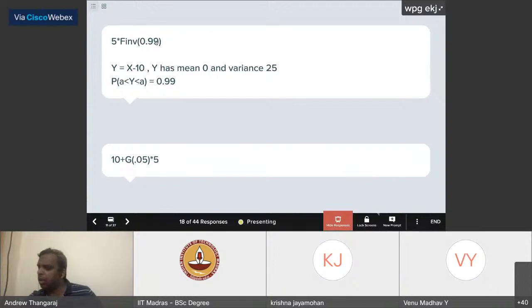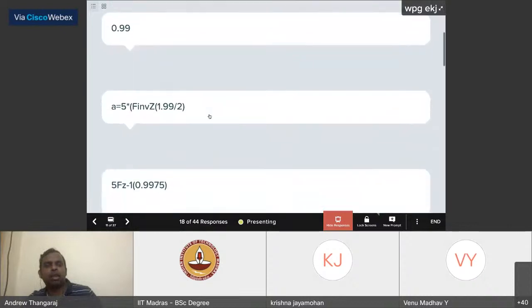Is it 0.99 or something mildly different from 0.99? Think about that. 5 times (1 + 0.99)/2. Yeah, that's correct. So this answer is exactly correct. 5 times F inverse of 0.99. Is it 0.9975? I think it's just 0.995, right?